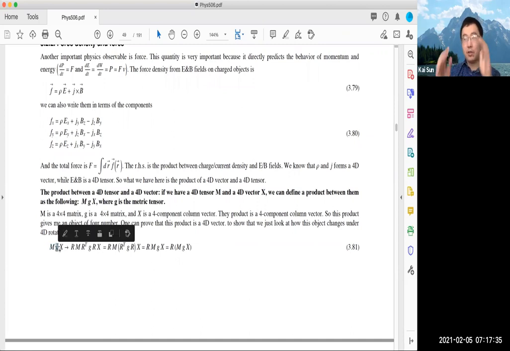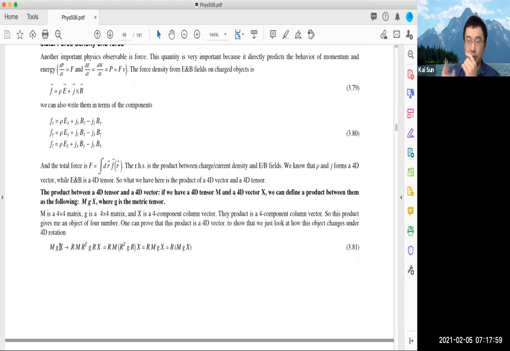G is a tensor, 4x4 matrix, the metric tensor. And X is a 4D vector, a column vector. Matrix times column vector gives me a column vector. So this is the so-called inner product between a tensor and a vector, and it gives me a vector.